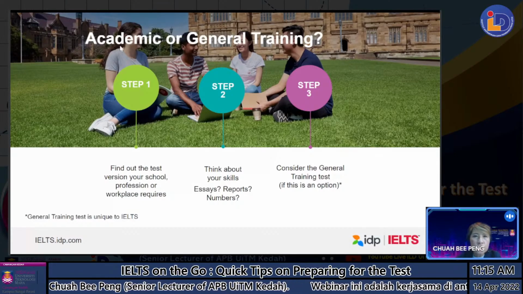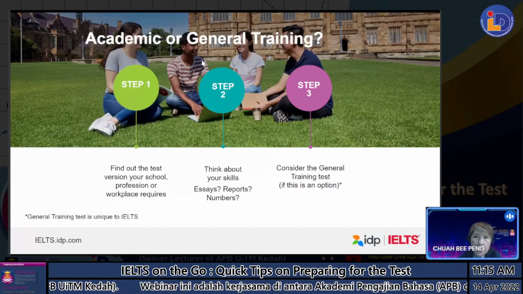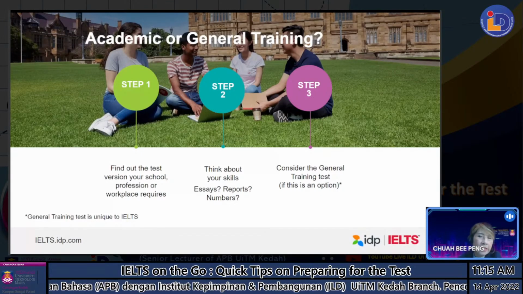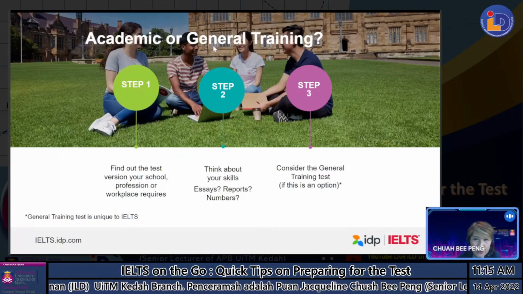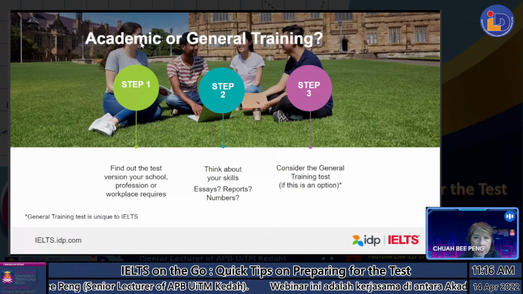If, let's say, you need to do academic, but by mistake you sign up for general training, then too bad. You may have to do this again. Or you need to do general training, but you accidentally sign up for academic, then you have to do it again. That means you have to pay 2 times, and then you have to sit for the test 2 times.